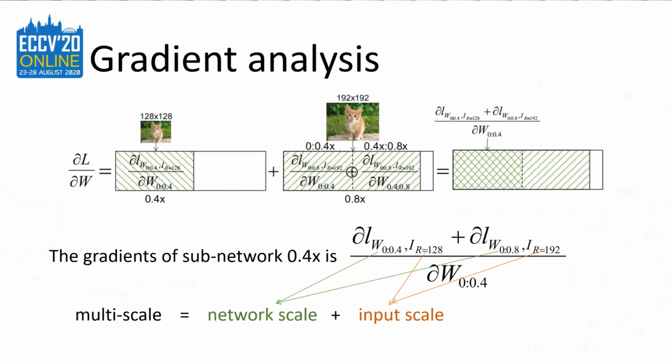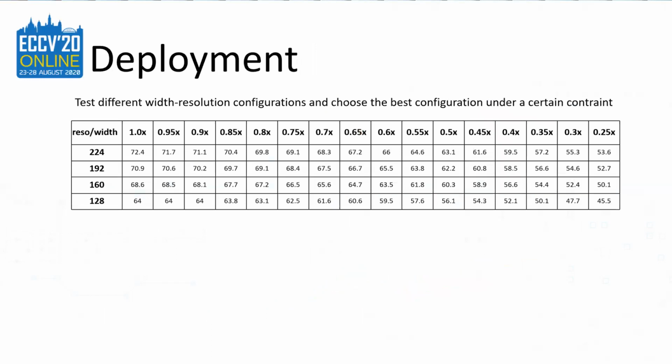Due to the random sampling strategy in training, every subnetwork can learn such multi-scale representations from both network scale and input scale. After training, our model is executable at different width-resolution configurations. Note that one width-resolution configuration corresponds to a certain FLOPs constraint.